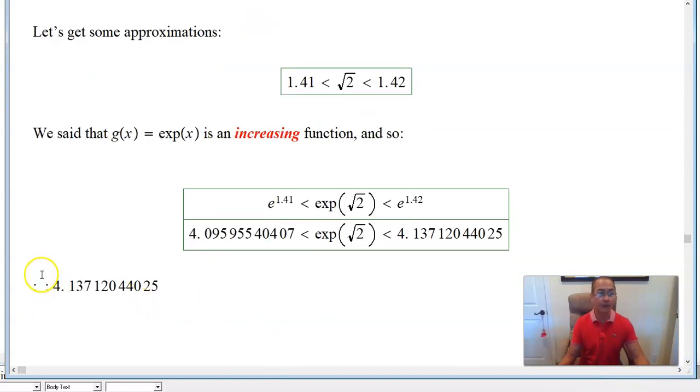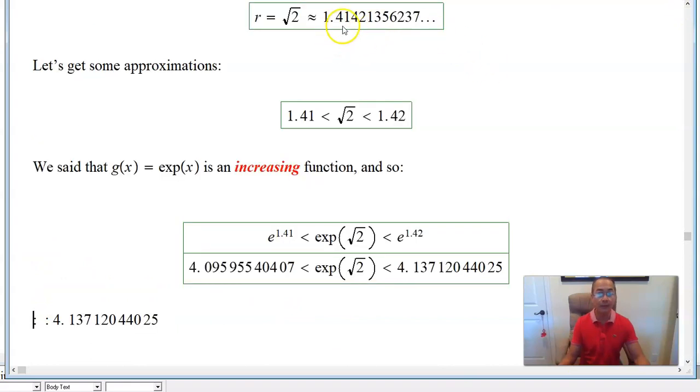So, whoops, let's bring back that number. 1.414. So instead of just 1.41, let's do 1.4142. We will add 2 more digits. Let's copy this inequality.